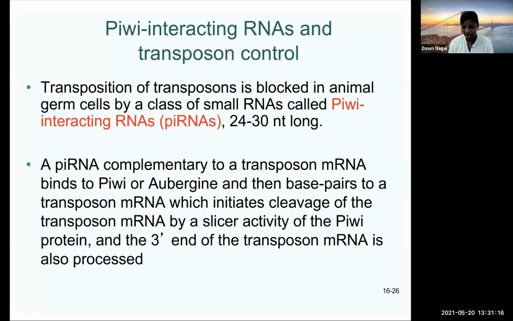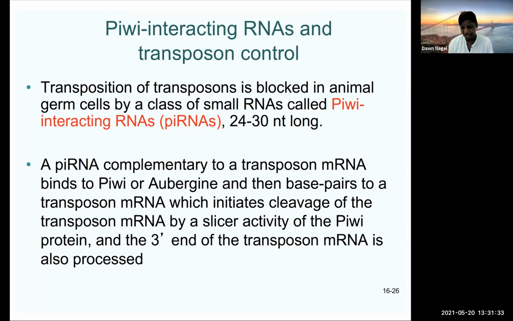And these piRNAs in general are usually made from precursors present within the cell that share similarity to a particular transposon, right? Some aspects of it share similarity to a particular transposon.